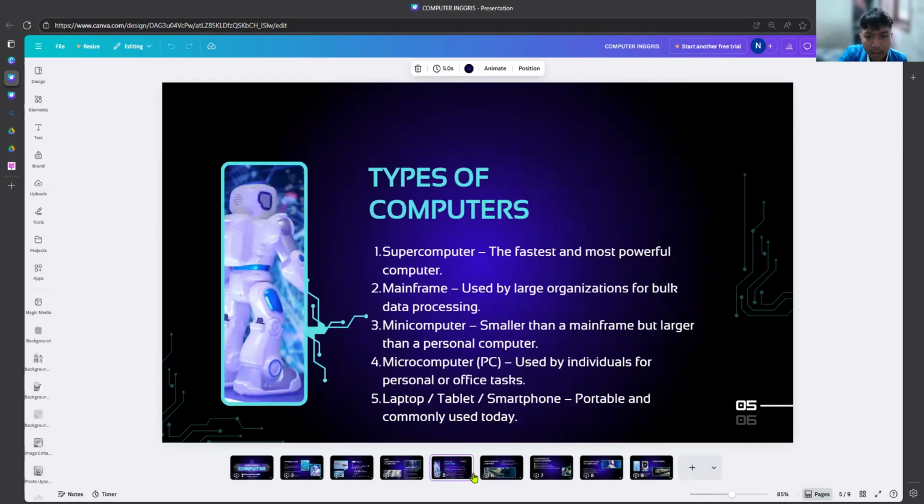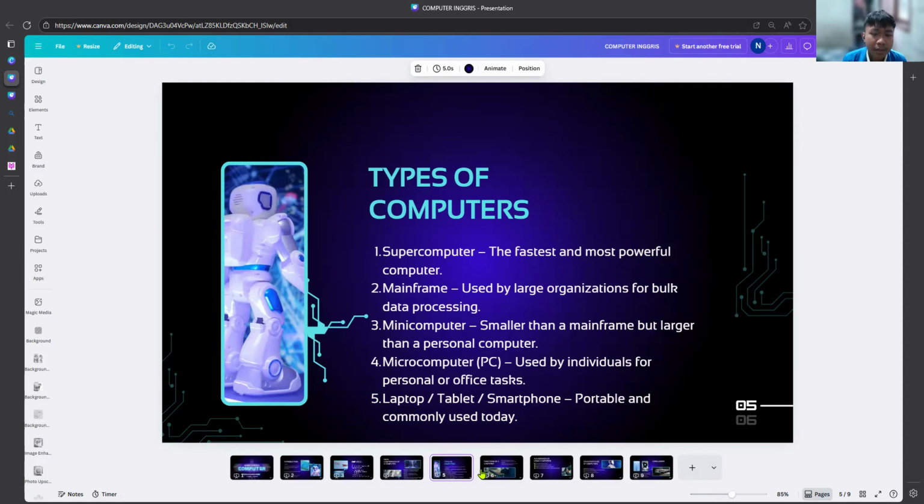For the next slide, types of computer. In computer, we have many things like supercomputer, which is the most powerful computer. Mainframe is used by large organizations for bulk data processing, which you can see in the government.